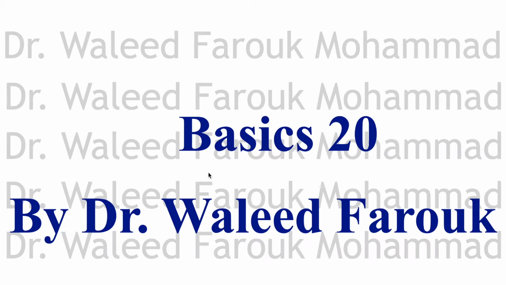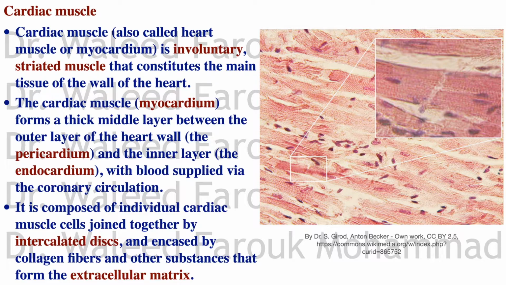In this lecture we'll discuss the cardiac muscle. So let's start. The cardiac muscle, which is the heart, of course, or the scientific name for it is the myocardium, is a striated muscle, and it's involuntary and constitutes the main tissue of the wall of the heart.